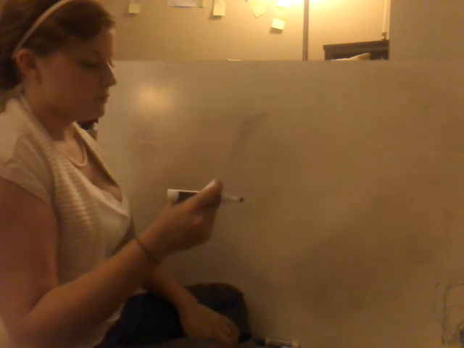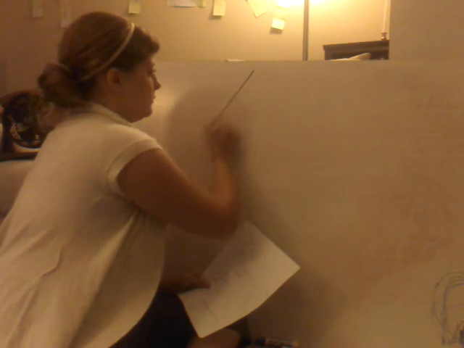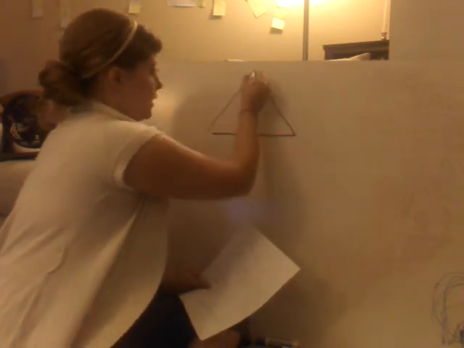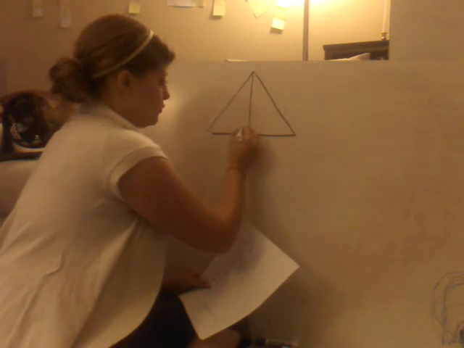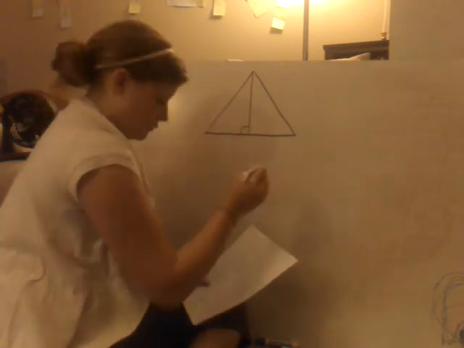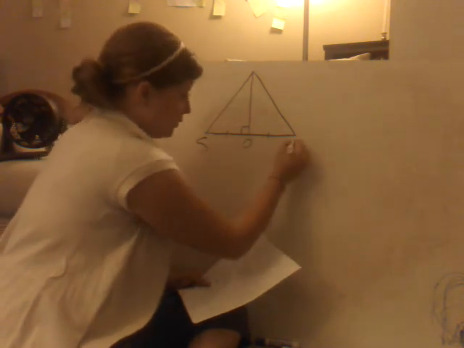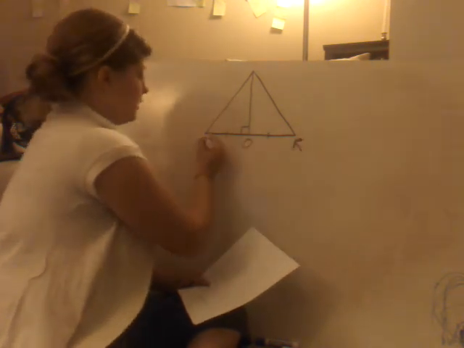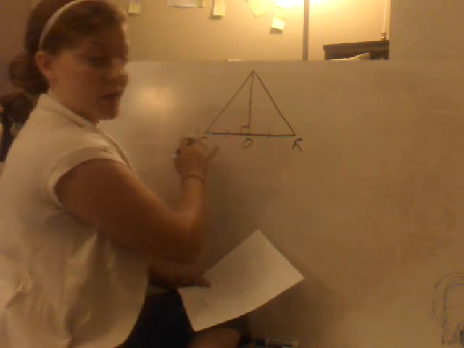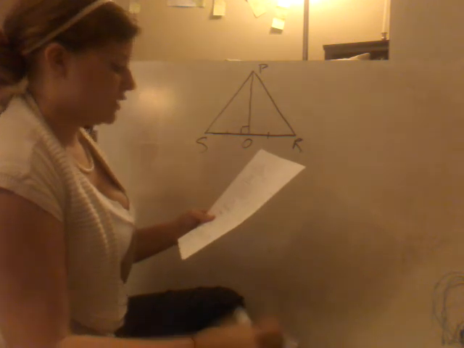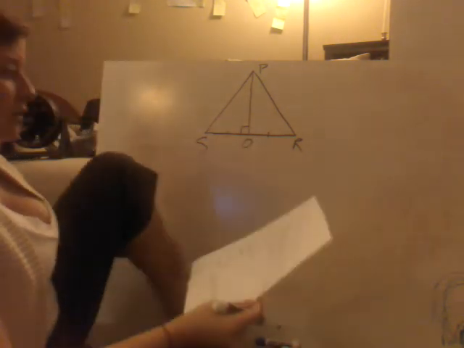Alright, so the next set of problems, or the questions, are asking about this triangle. This one actually is an S this time, not a 5. And this is P. And it asks us questions such as, list the congruent angles.